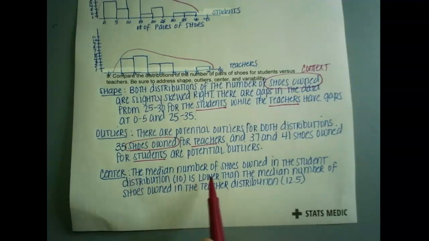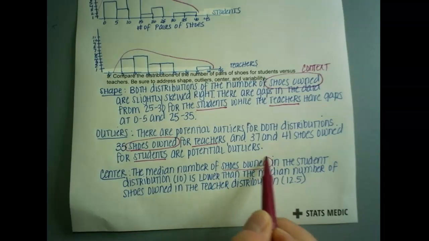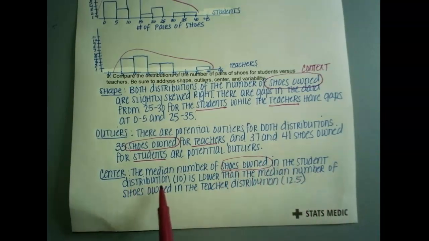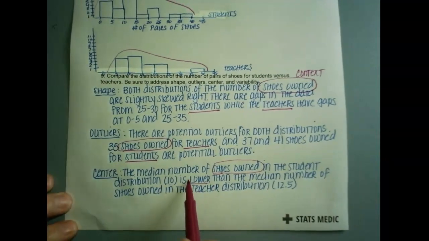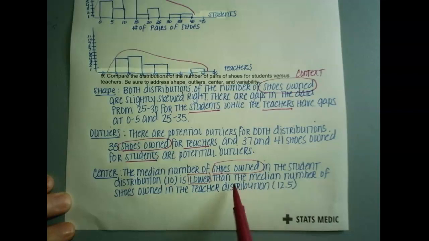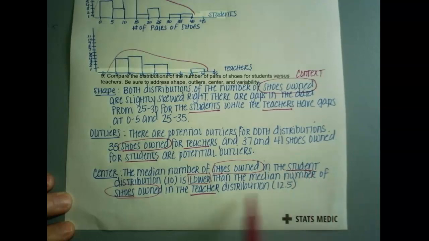The median number of shoes owned, there's my context, in the student distribution, which is 10, is lower, there's my comparison word, my ER word, than the median number of shoes owned in the teacher distribution, which is 12.5. So I talked about teachers, I talked about students, and I used the numbers from StatKey as my evidence.